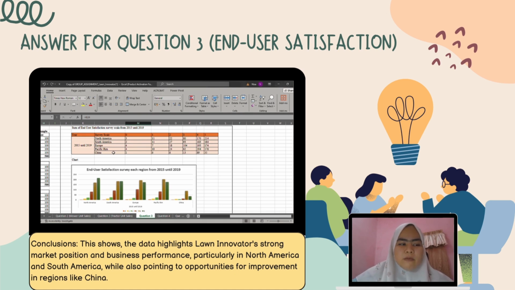The Pacific Rim shows similar trends with notable scores at 4 with 204 responses, and score 5 with 176 responses, while China lags behind with lower satisfaction levels, peaking at score 4 with only 89 responses. The data highlights Loan Innovator's strong market position and business performance, particularly in North America and South America, while also pointing to opportunities for improvement in regions like China.